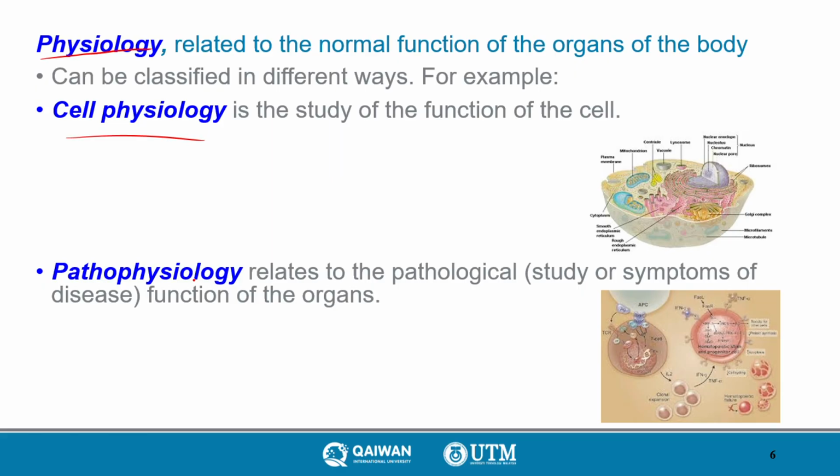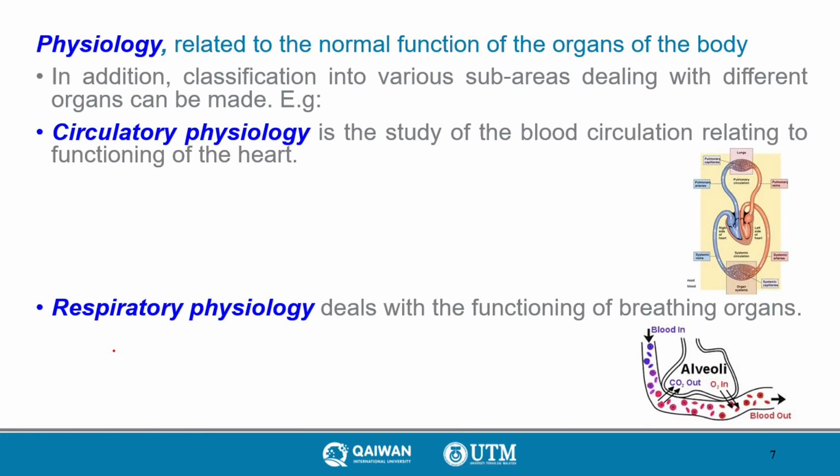Pathophysiology is related to the symptoms of a disease or condition and the function of the organ. Circulatory physiology is related to the cardiovascular system, so the study of blood circulation relating to the function of the heart. Respiratory physiology deals with the functioning of breathing organs, the function of the lung, like the gas transportation between the capillaries and alveoli in the lung.